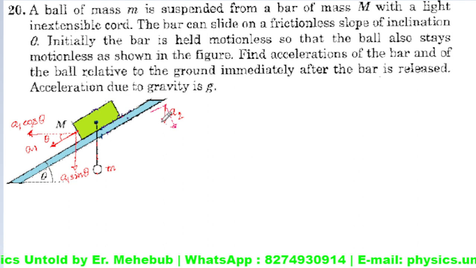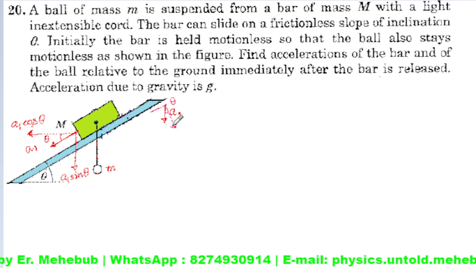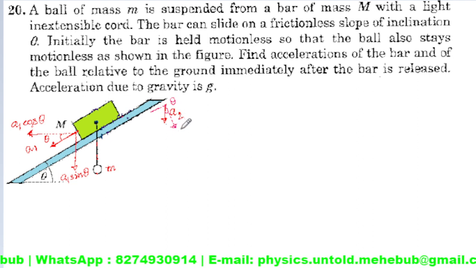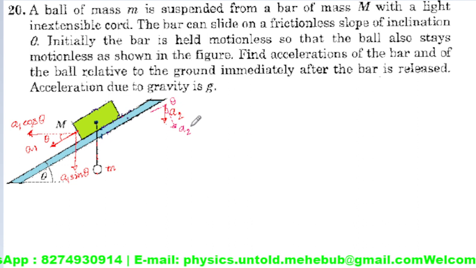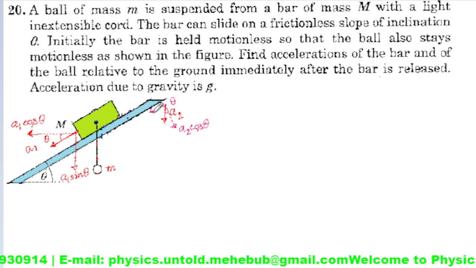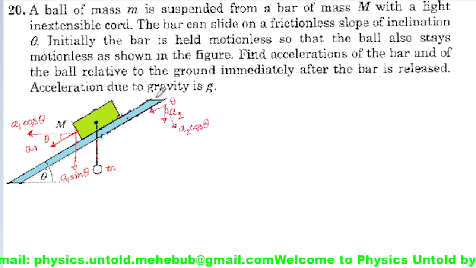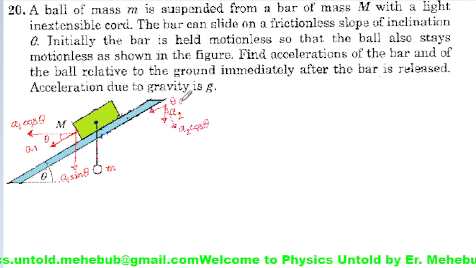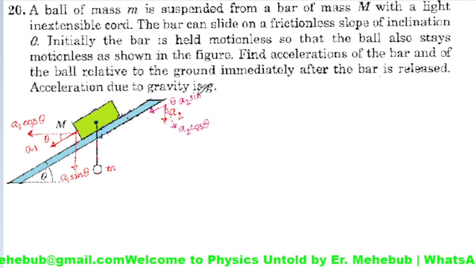If this angle is theta, then this angle must be theta, so the component perpendicular to the inclined plane should be a2 cos theta, and the component of a2 along the inclined plane should be a2 sin theta.